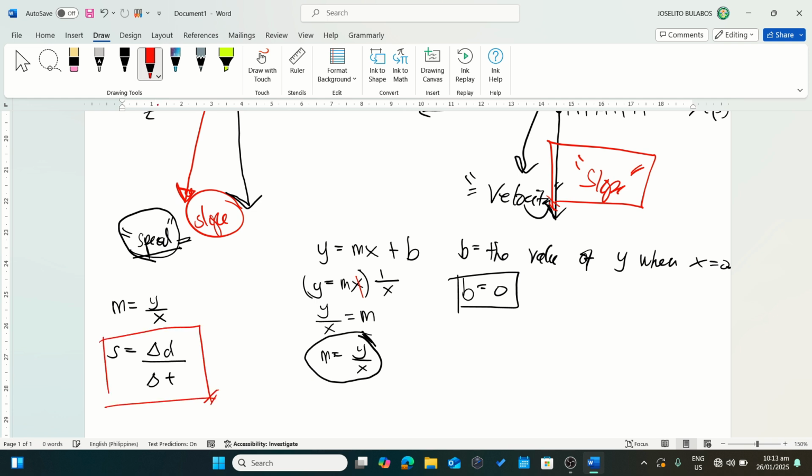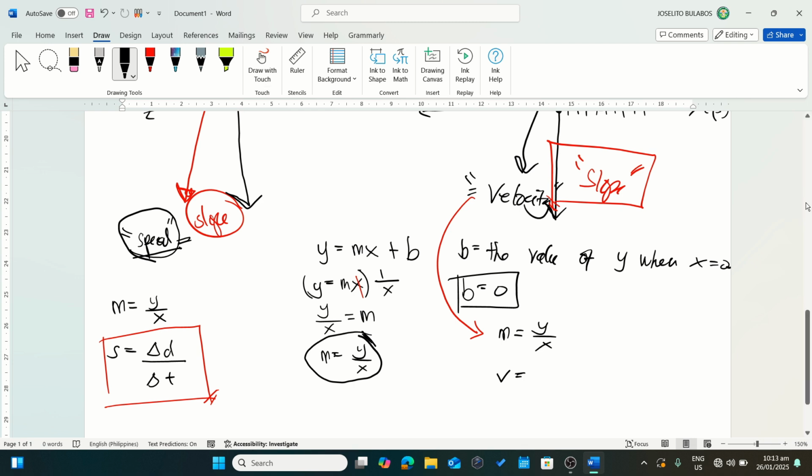On the other hand, for velocity, the same equation, we're just changing the variables here to fit the variables we use in our line equation. So instead of m, I would say v, still the slope.